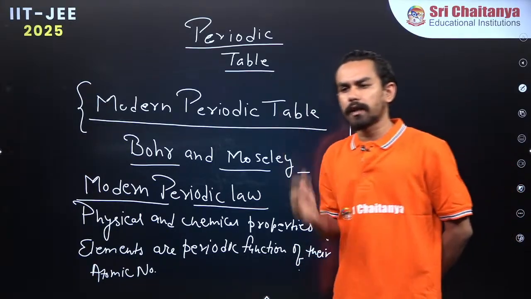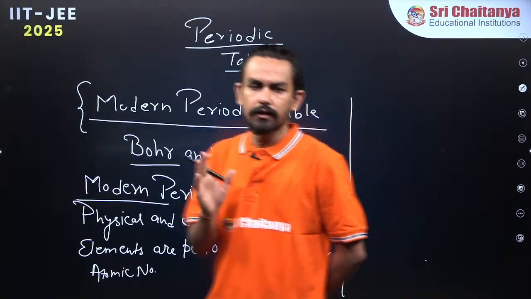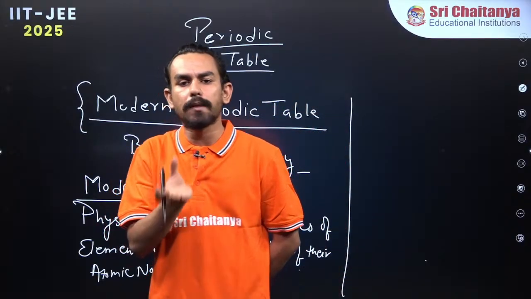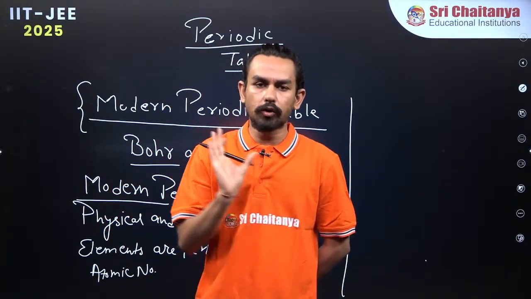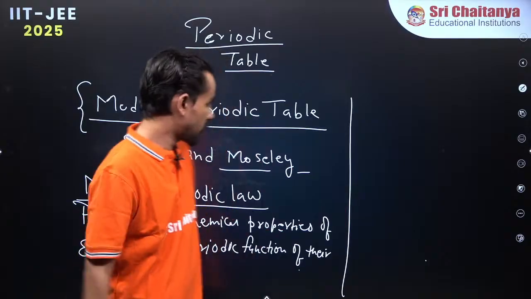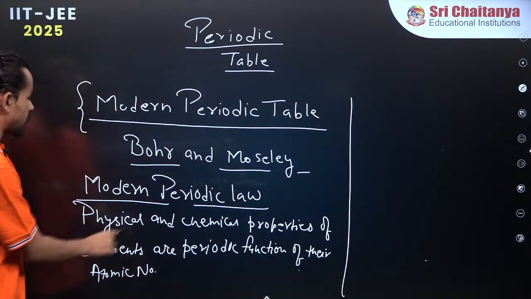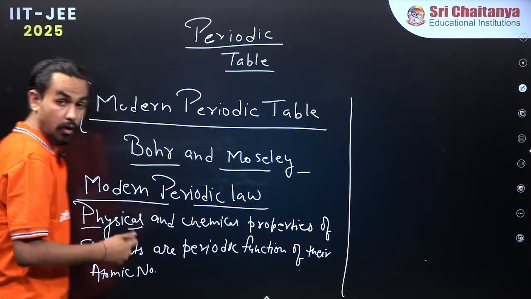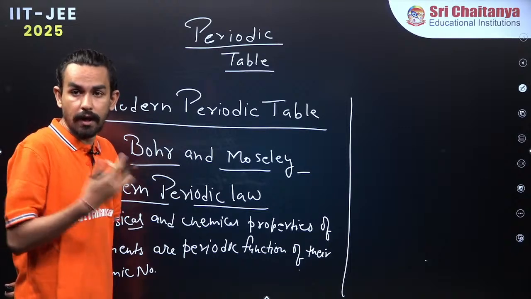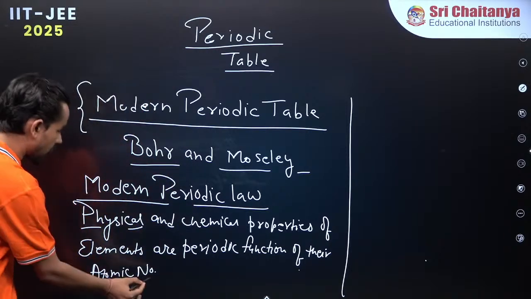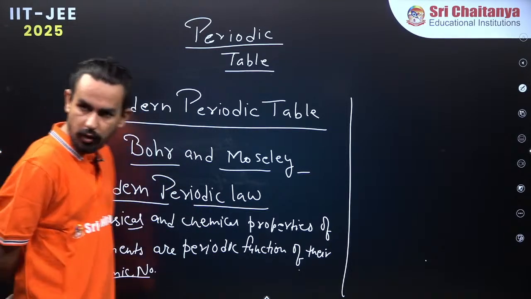Those before them used to say that it is based upon atomic mass, but according to Moseley it was a new law: all the chemical and physical properties repeat themselves periodically according to their atomic number and not according to their atomic mass.